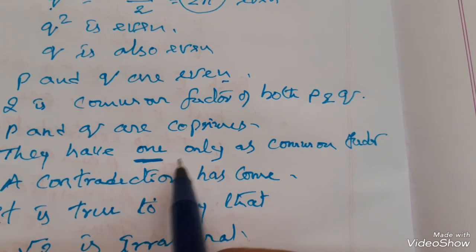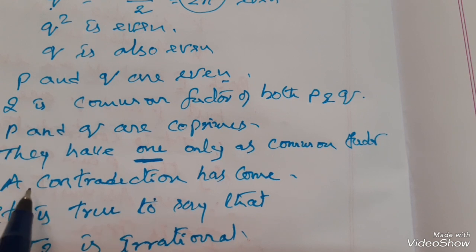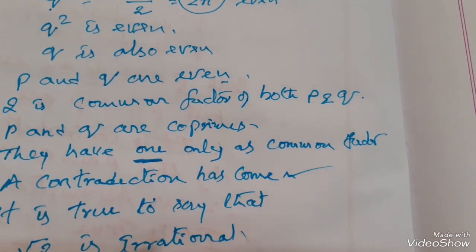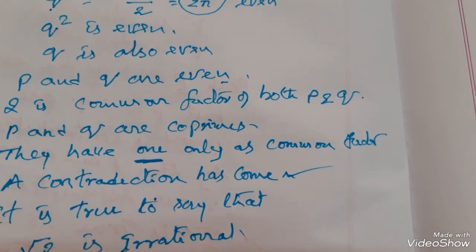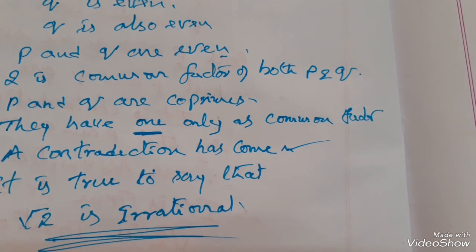There is no other factor other than 1. So here a contradiction is formed. Therefore, since by taking the wrong assumption a contradiction has come, it is true to say that root 2 is irrational. Is it clear, all of you? Thank you.